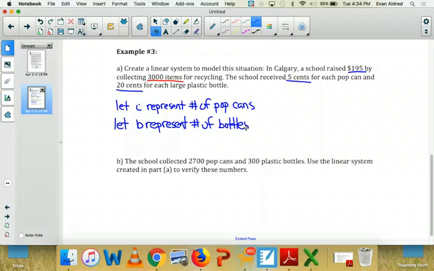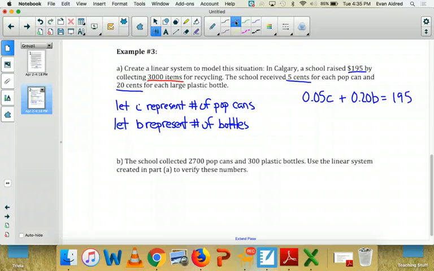So to figure out the money that comes from the pop cans, it's going to be 5 cents times however many cans there are. If it's 20 cents for every bottle, well, 20 divided by 100 is 0.20 multiplied by the number of bottles. And if we add up our money from cans and our money from bottles, we're going to get $195.